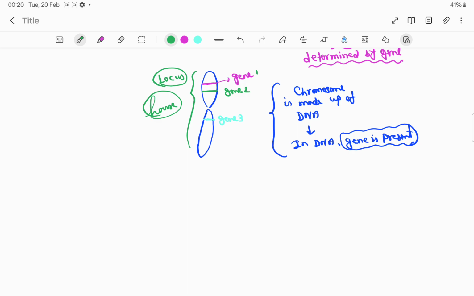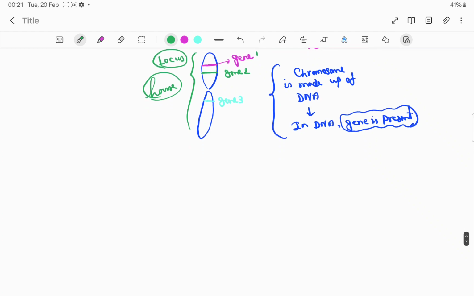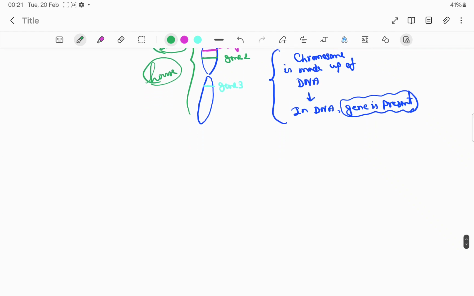Characters which are transferred from parents to offspring are determined by the gene, because in that gene there is information for making the protein, for generating that character. Is it clear? Now we have understood a little bit about the gene.